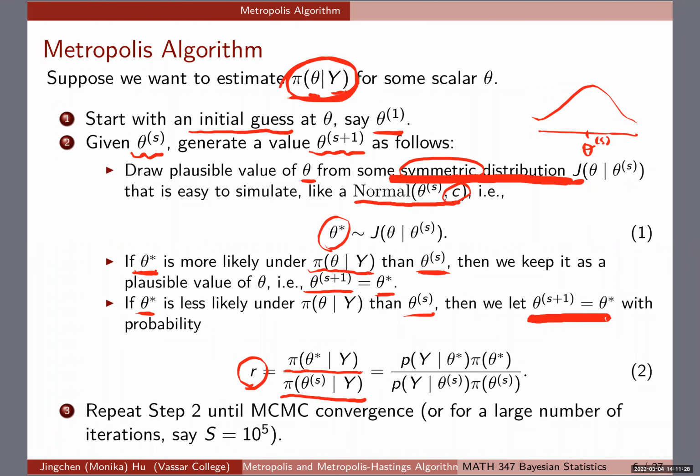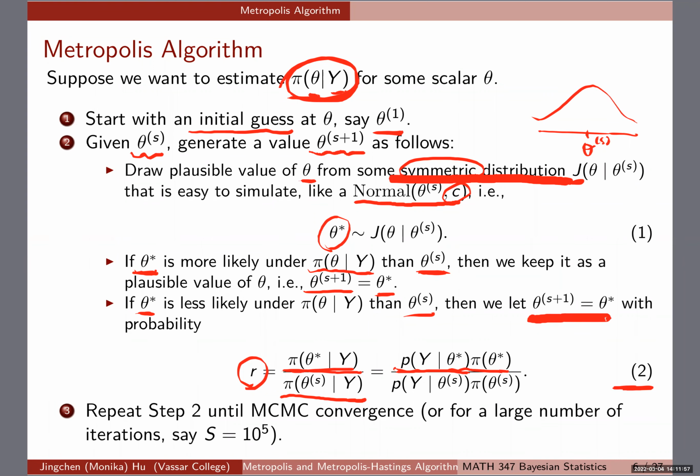How do you know if theta star is more or less likely under the distribution? Right, so that goes into this equation 2. The distribution itself can be calculated or evaluated proportional to the likelihood given that theta star value, and also its prior.